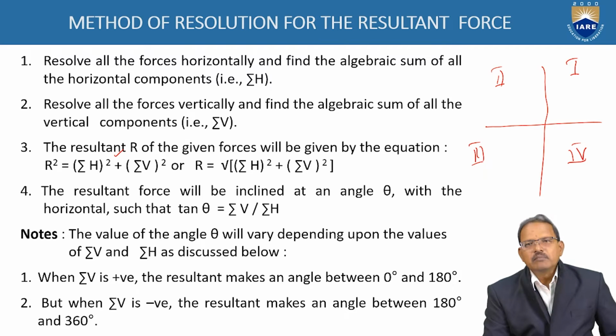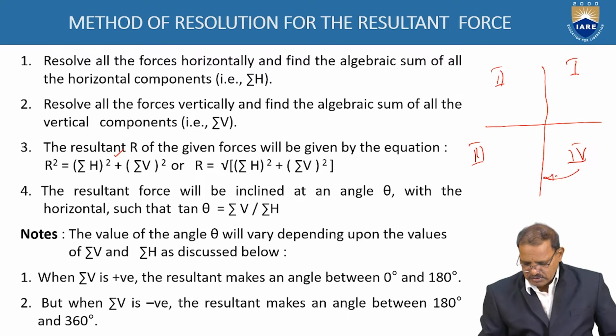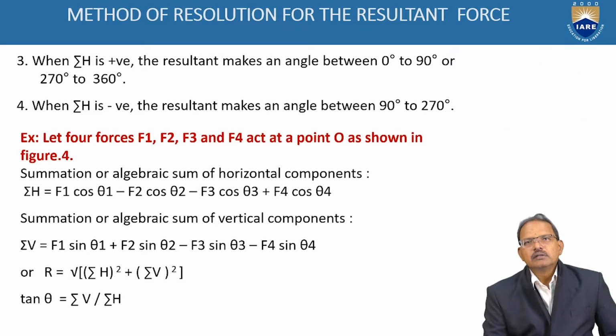But when sigma V is negative and sigma H is positive, the resultant force belongs to the fourth quadrant. That means it lies between 270 to 360 degrees. Similarly, when sigma V is positive and sigma H is negative, it belongs to 90 to 180 degrees.